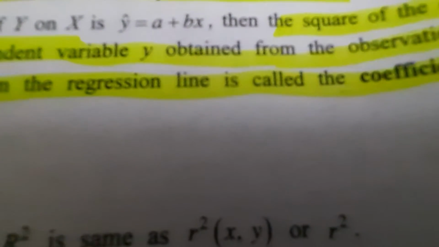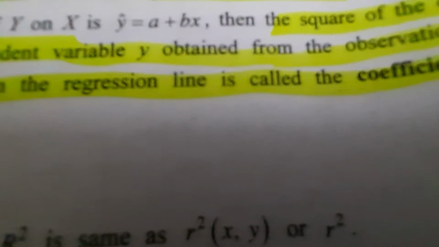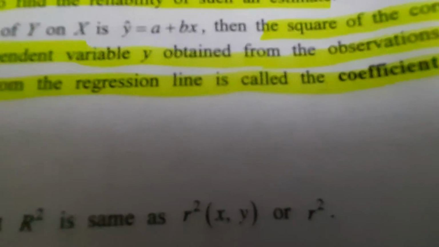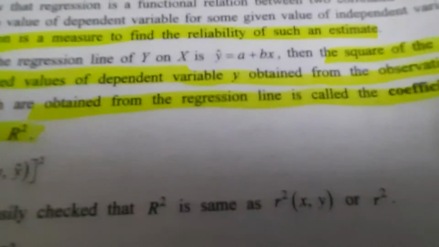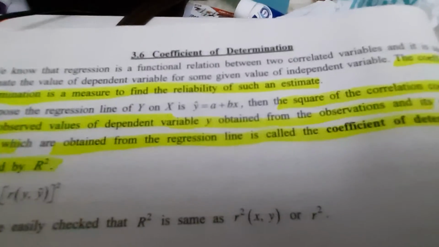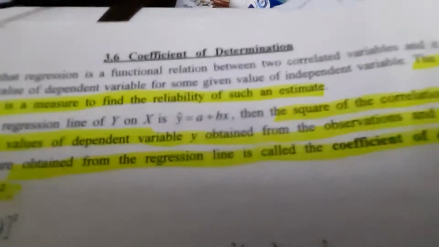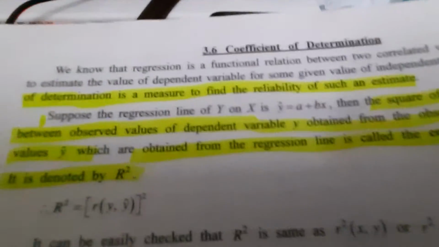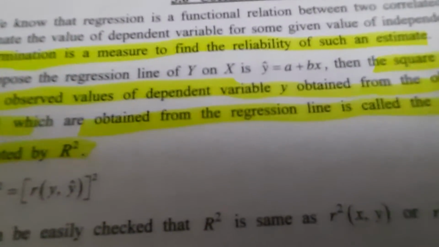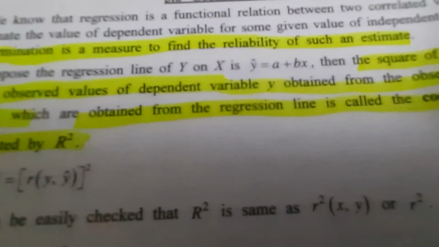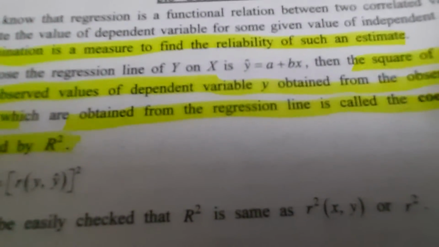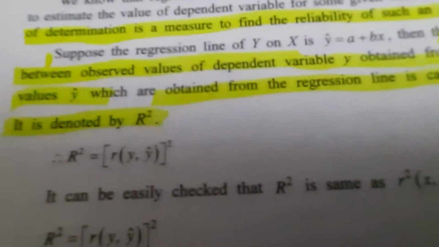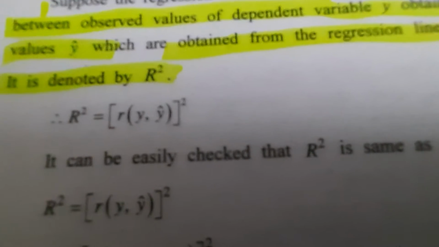Then the square of the correlation coefficient between observed values of the dependent variable y obtained from the observations and its estimated value y cap, which are obtained from the regression line, is called the coefficient of determination. It is denoted by r squared.